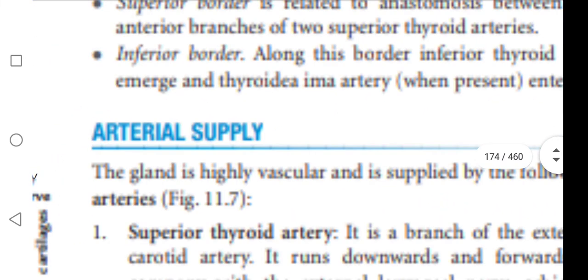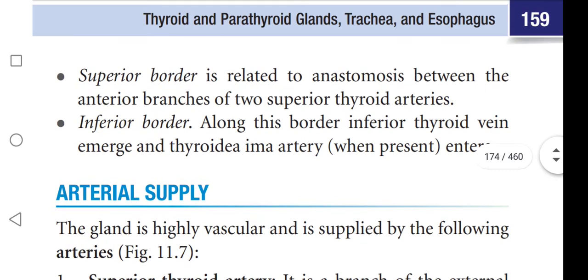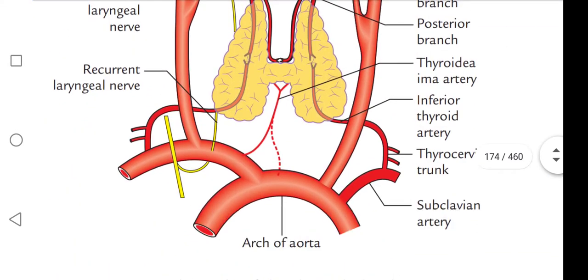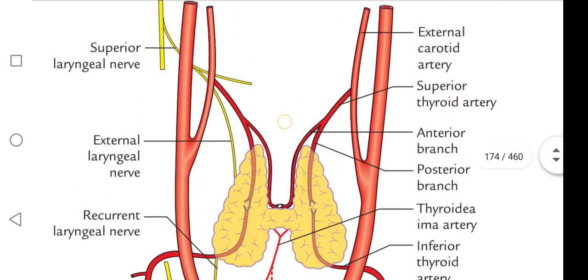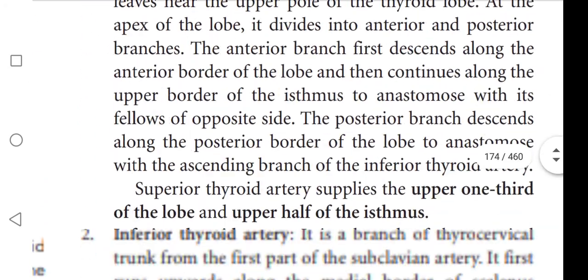Next, coming to inferior border. Along this border, the inferior thyroid vein emerges and the thyroidea ima artery enters.